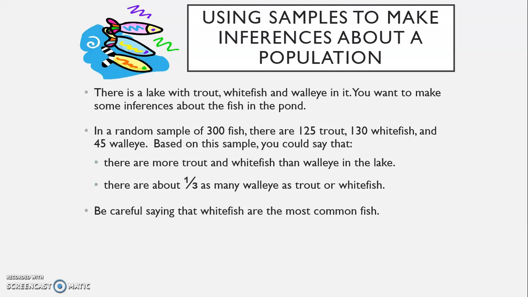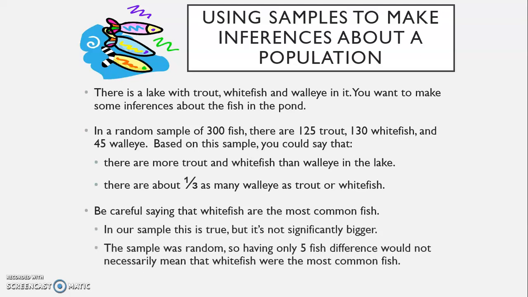Maybe trout swim closer to the bottom, so you couldn't reach them as much as whitefish, but there still might be more trout. So to get a more accurate sample, you would need to take an even larger sample. So yeah, only having the 5 fish difference is not necessarily implying that whitefish is the most common fish.